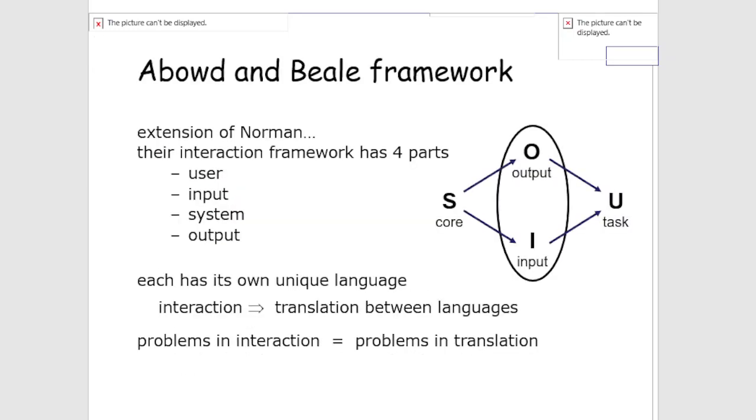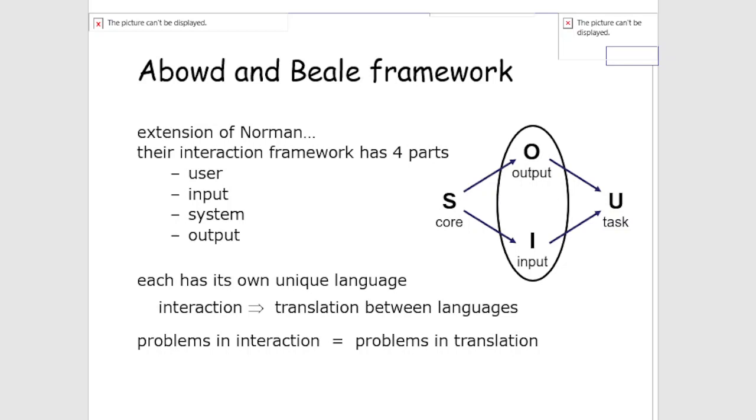So Donald Norman's model mostly concentrates on the user's view of interaction. And here we have an extension of Norman's model proposed by Abowd and Beale.